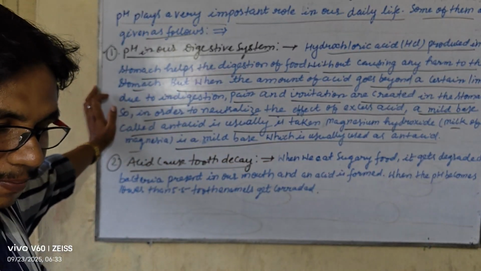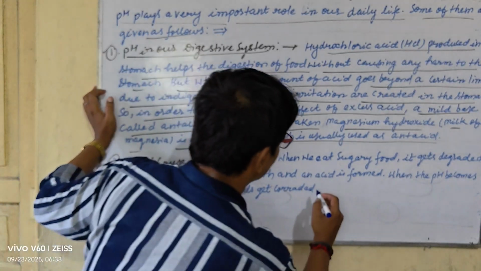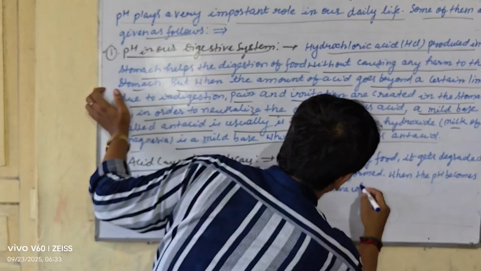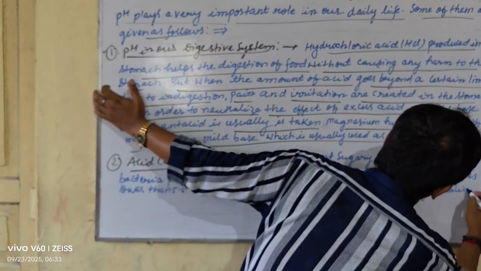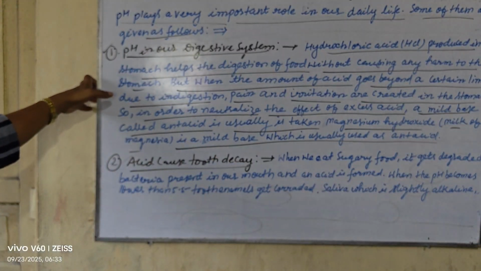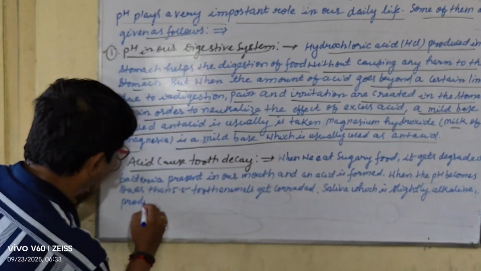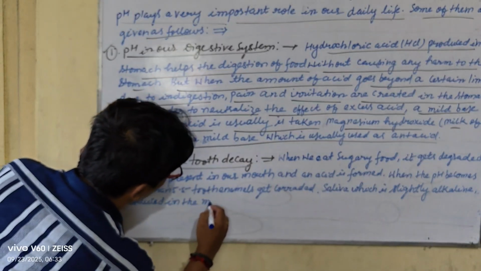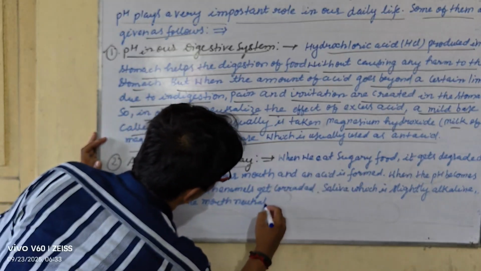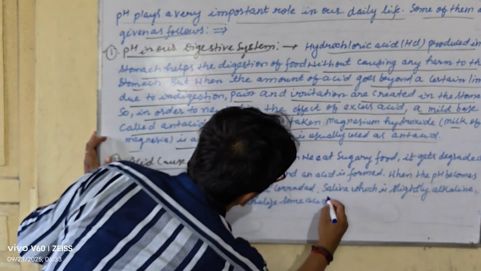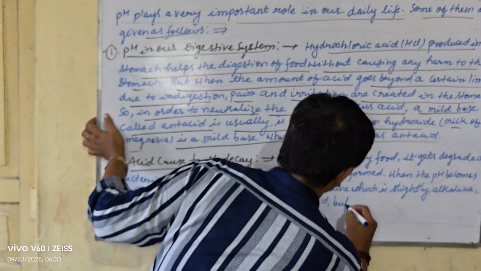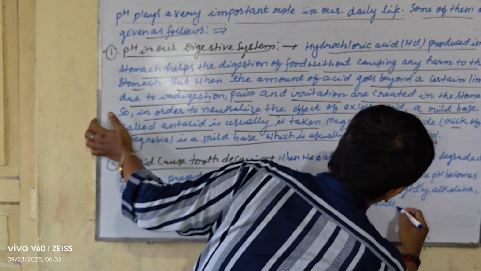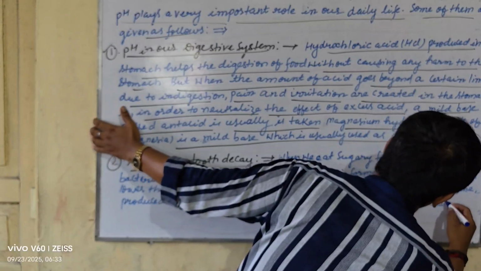So it harms the corroded saliva, which is slightly alkaline, produced in the mouth, neutralizes some acid, but excess acids remain unaffected.